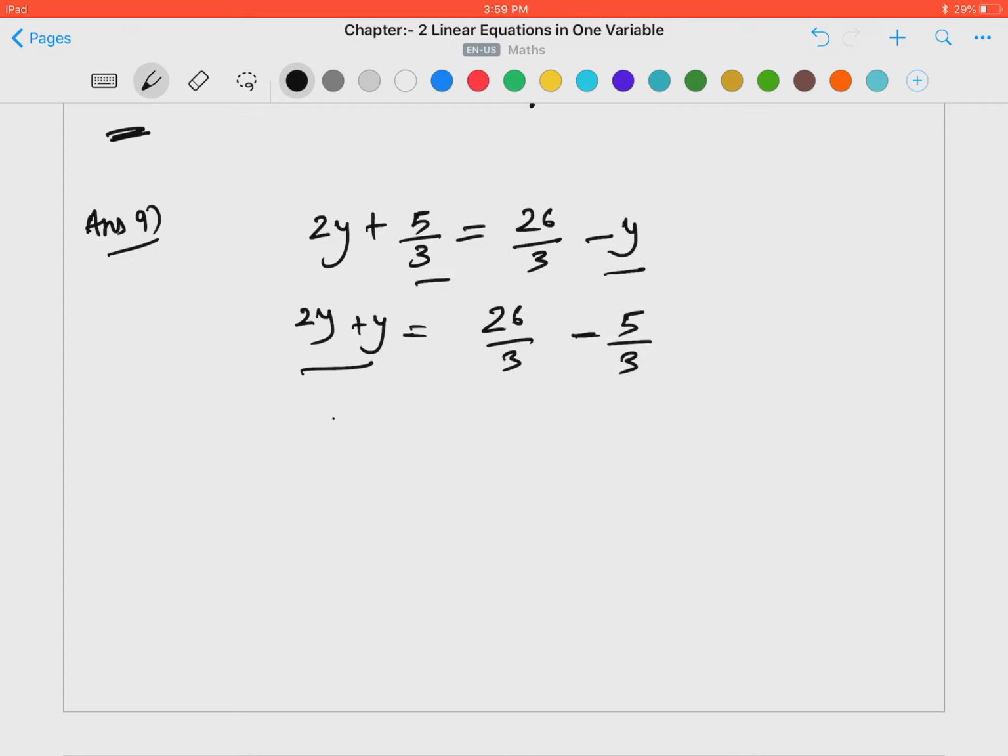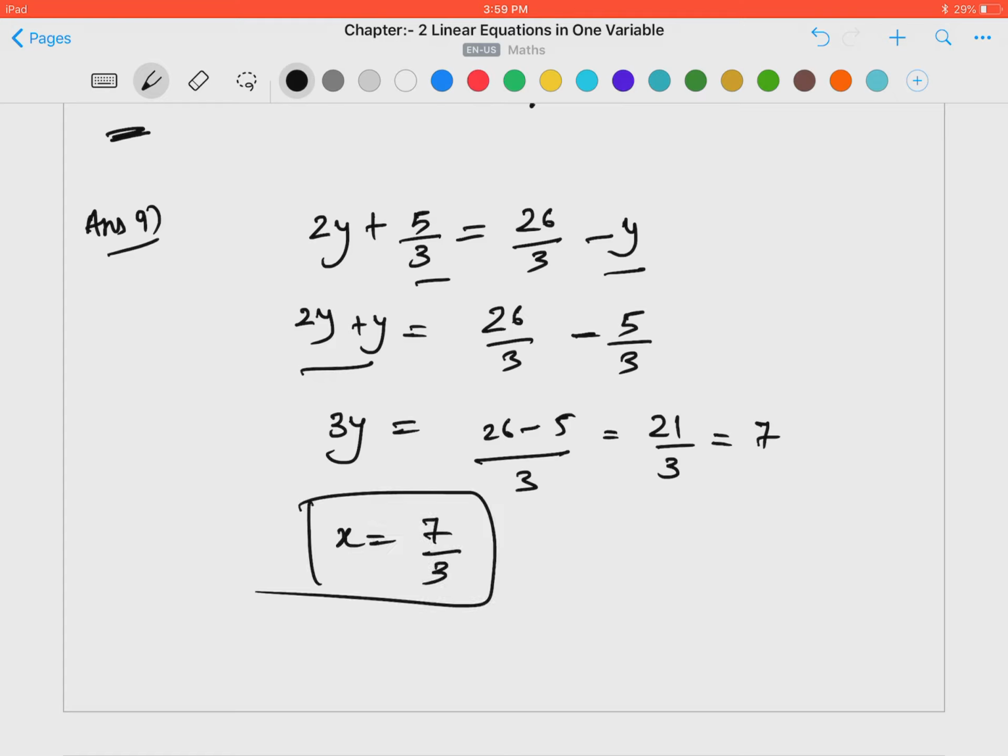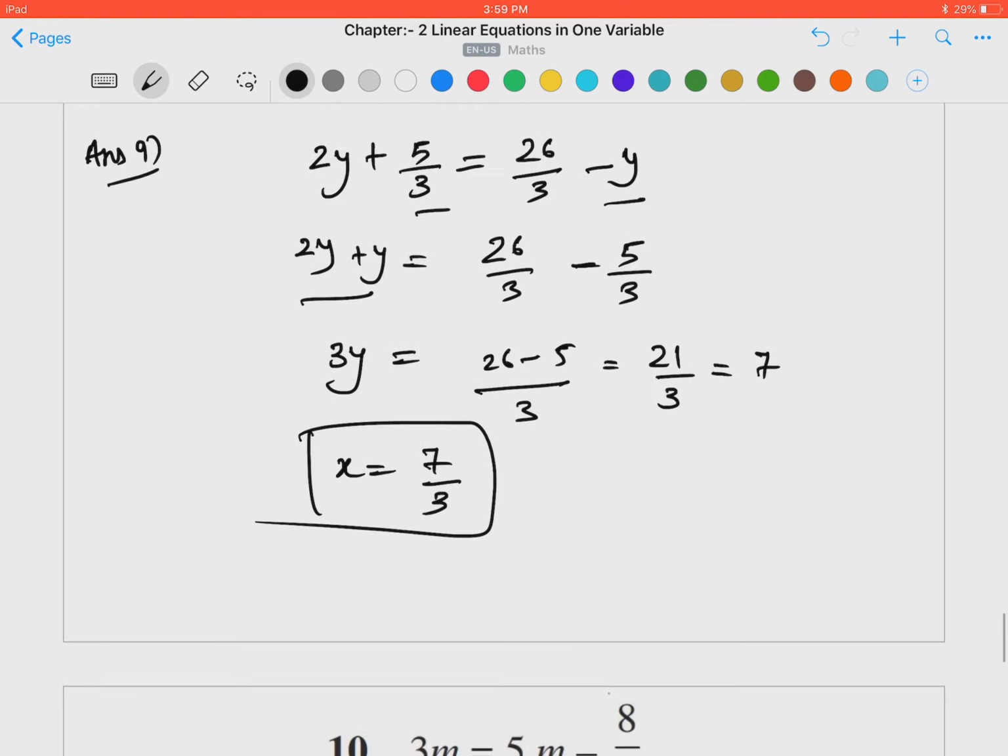This 2y plus y will become 3y, and here we have common denominator 3, and this will be 26 minus 5. 26 minus 5 is 21 by 3, and 21 by 3 is equal to 7. So y is equal to 7 by 3. That's our answer for this equation.